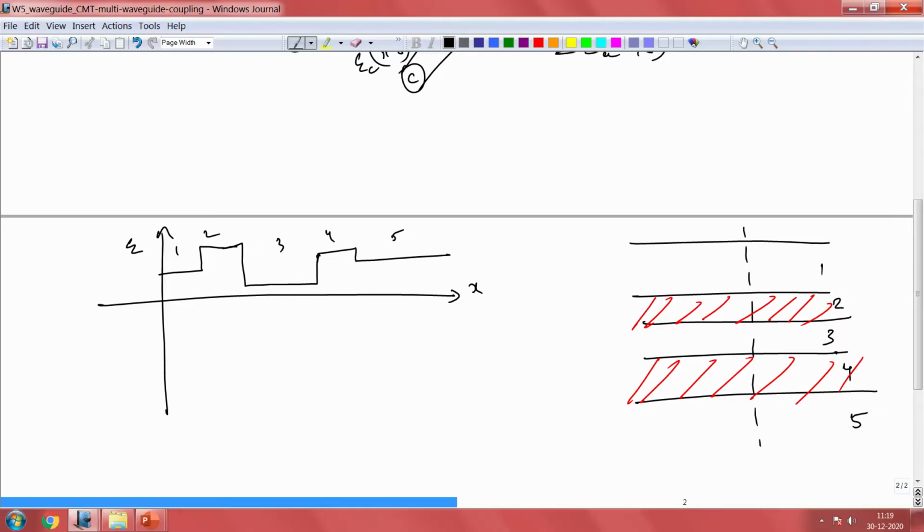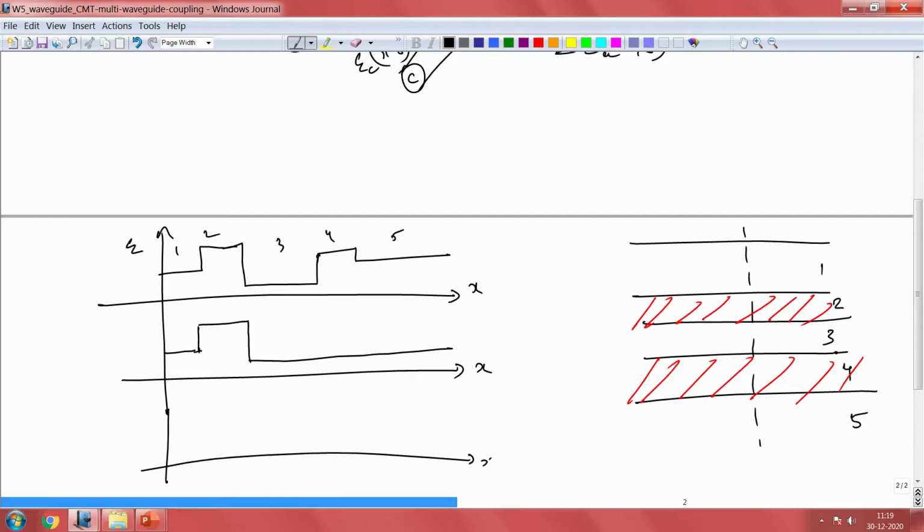Now the way to do this is by decomposing, which is what we discussed earlier. We can decompose this into a two-waveguide system, two isolated waveguide systems. How can we do that? We will take this particular waveguide and do this. This is our waveguide 1, and the next structure will be here.